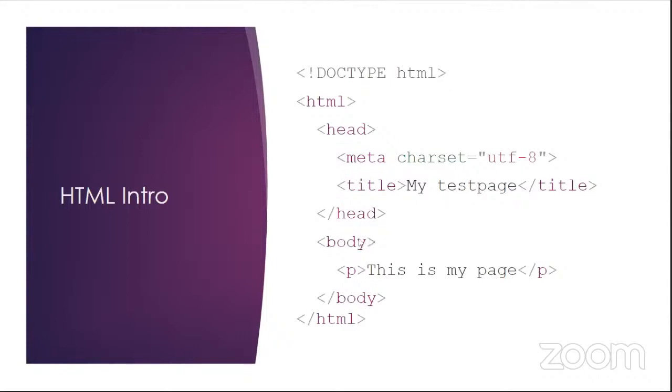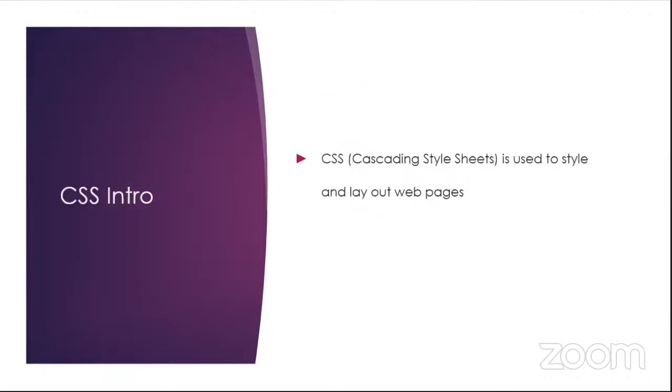All right, and this is your body, the body of the HTML page, and then this paragraph. So basically, this is the structure of an HTML page. This is as simple as it gets, right? The more complex your page is, the more goes into it, but this is the barest. All right, so let's go into CSS.